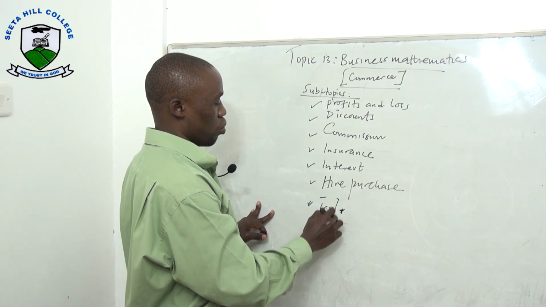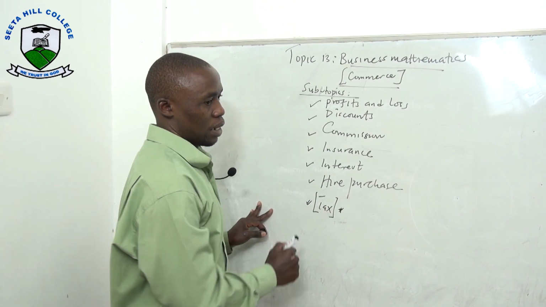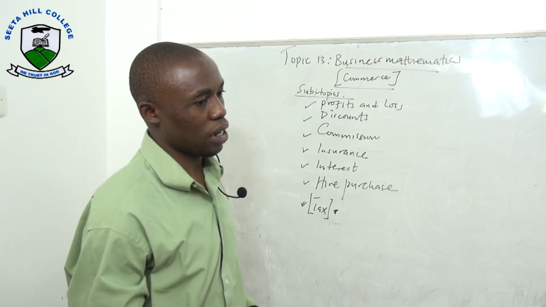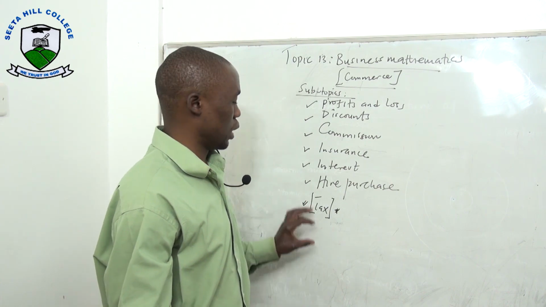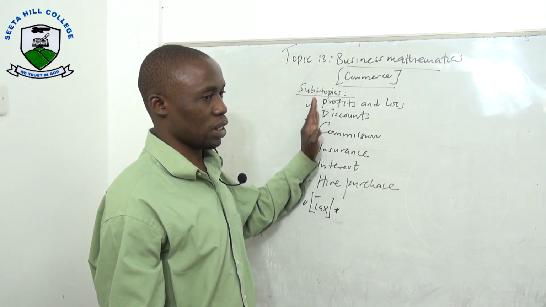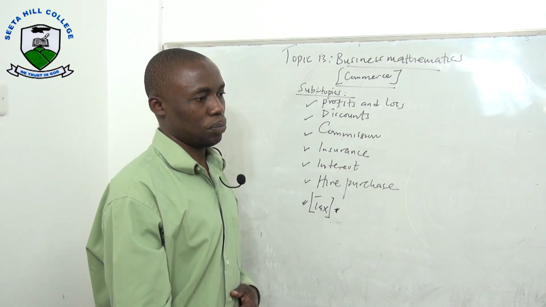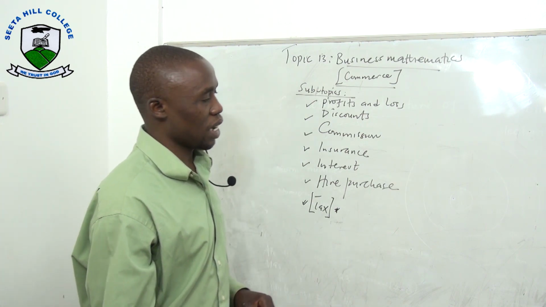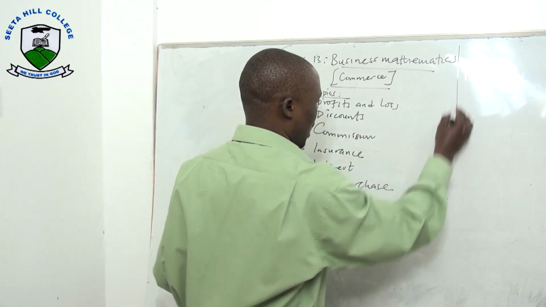That means for you, you'll read about tax. Especially in your country, Uganda, you are going to read about tax, because all this is under business. Let us start with profits and loss.